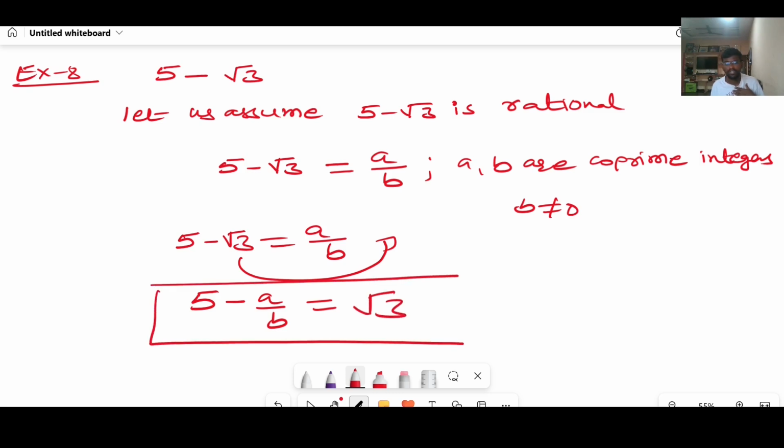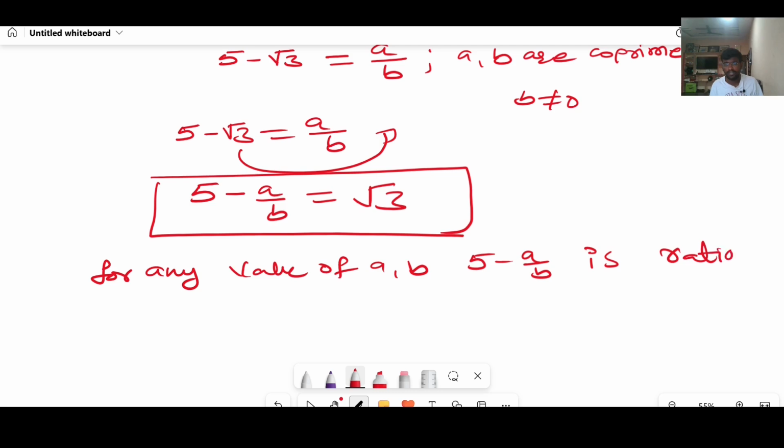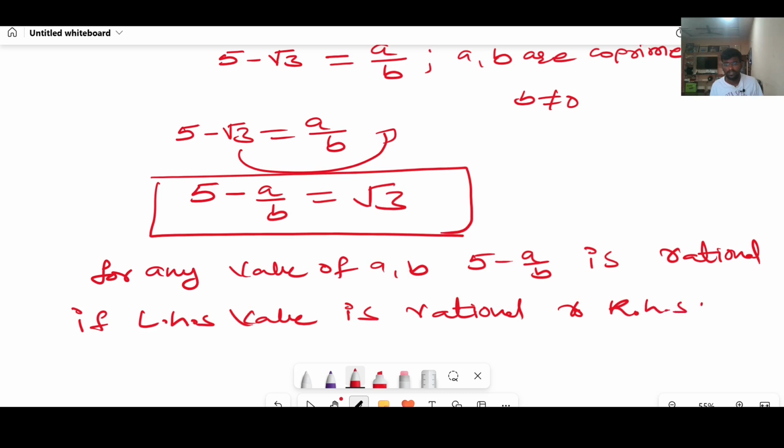Clear? Look here. For any value of a, b, 5 minus a by b is rational. If the LHS value is rational, the RHS is also rational, right?